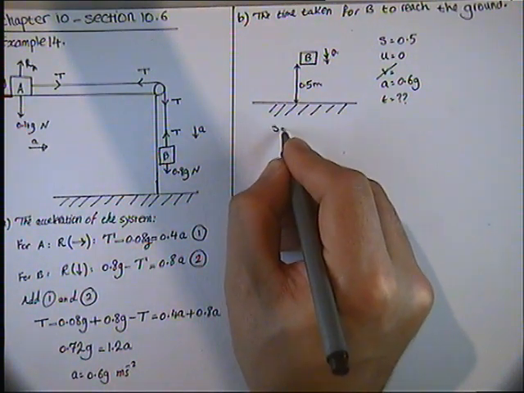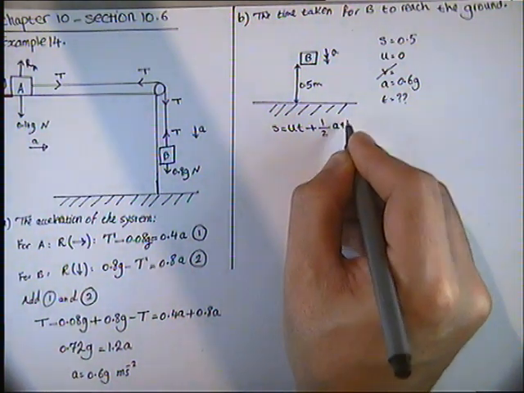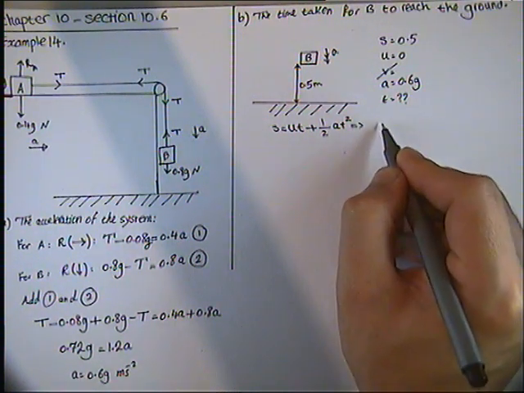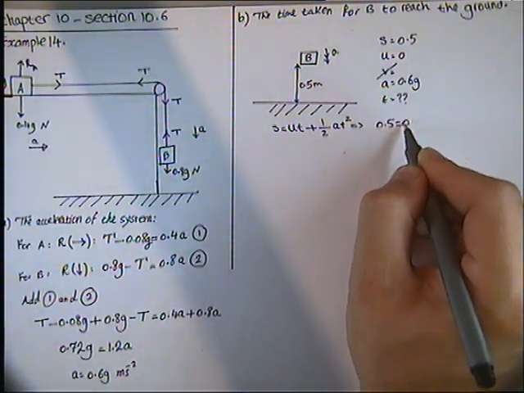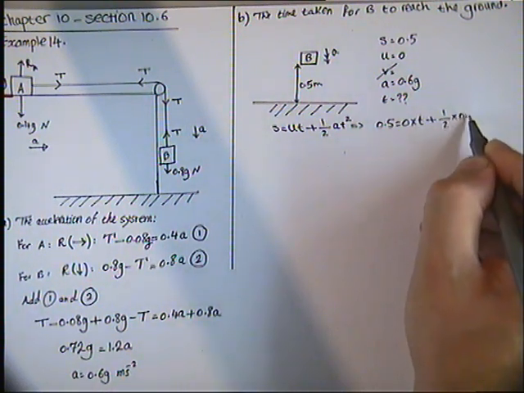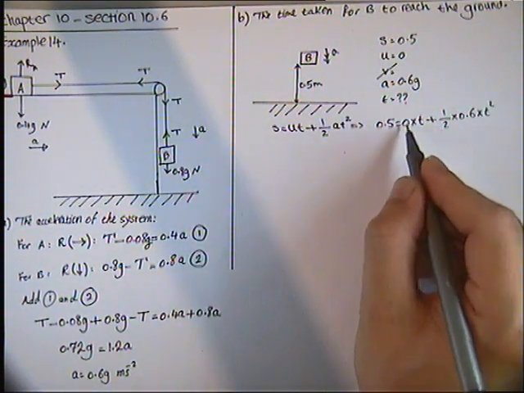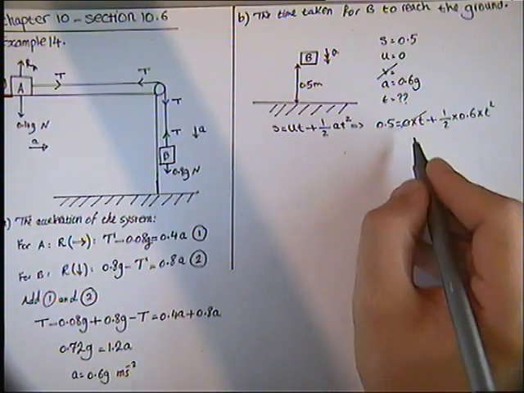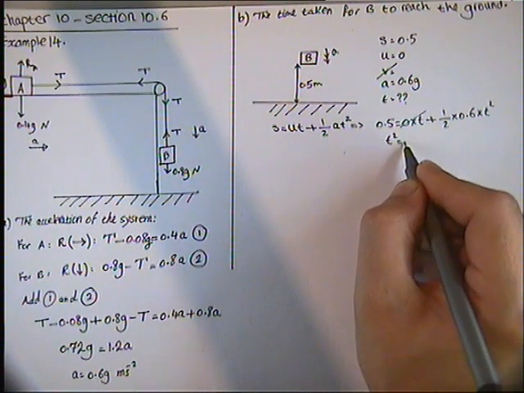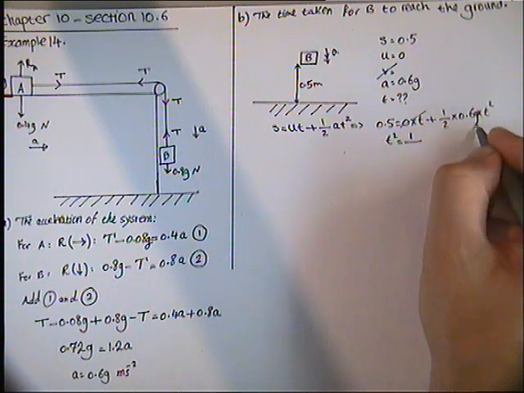So S equals ut plus half at squared. 0.5 is equal to 0 times t plus half times 0.6 g times t squared. This term becomes 0, so multiply both sides by 2 and divide by 0.6 g. t squared is equal to 1 over 0.6 g.